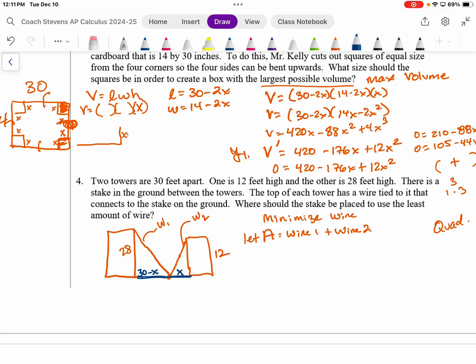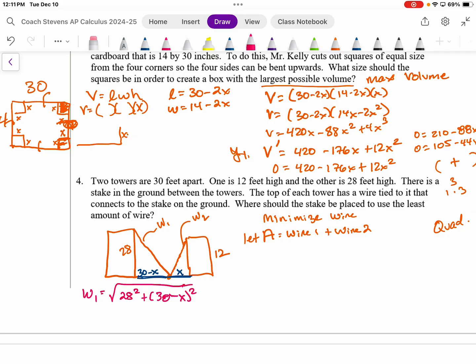We now can go through and figure out, okay, what is the length of W1? We can say that W1 is equal to the square root of 28 squared plus (30 minus x) squared.